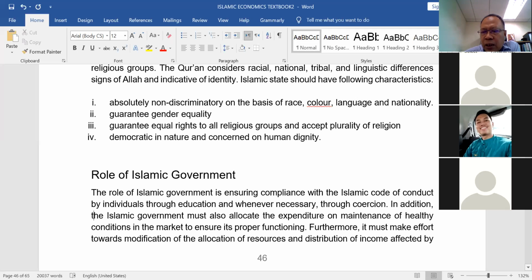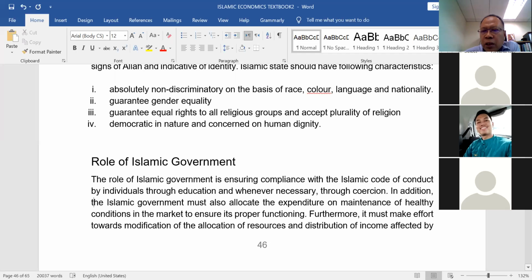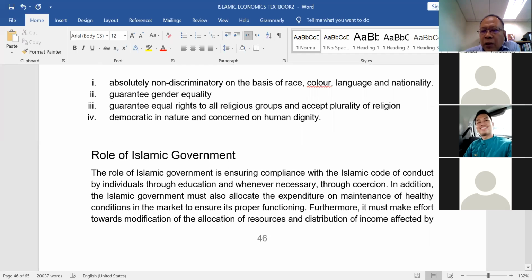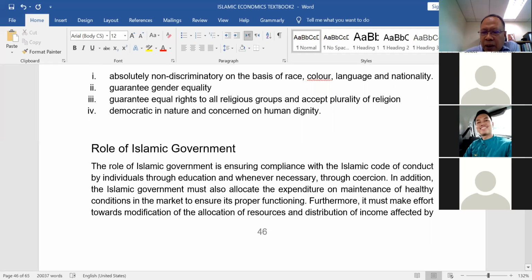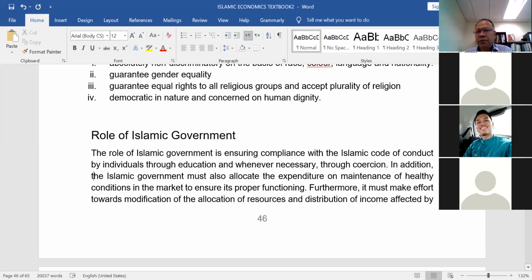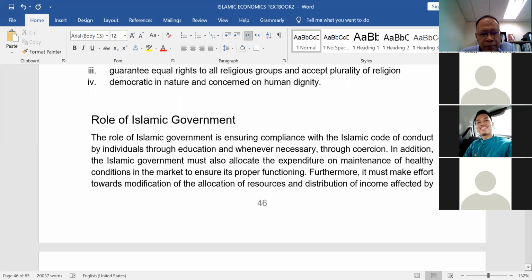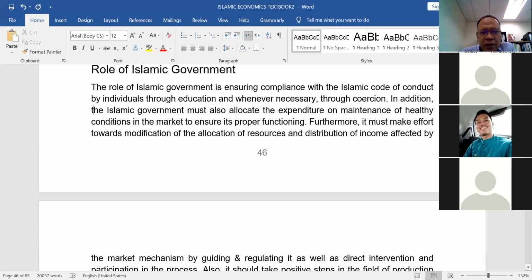Jadi kalau misalnya agihan pendapatan itu tidak adil dan tidak saksama, kerajaan juga perlu campur tangan dengan cuba untuk memperbetulkan supaya agihan pendapatan itu lebih adil dan pendapatan tidak boleh berada di kalangan orang-orang kaya yang tertentu sahaja. Tak bolehlah ada kroni ya. Tak boleh ada di kalangan orang-orang kaya yang tertentu sahaja.